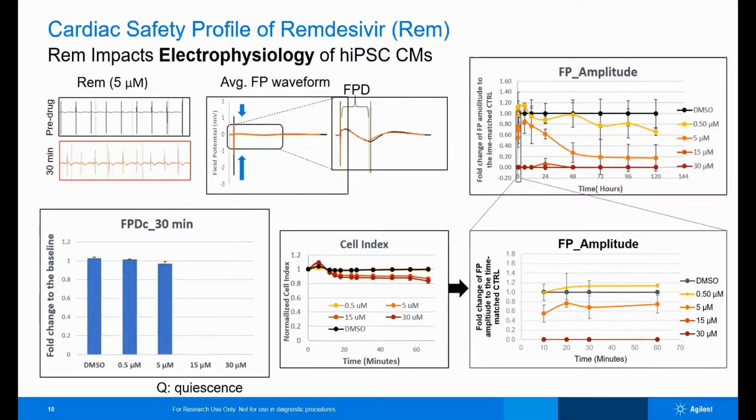However, at 15 micromolar and 30 micromolar, they stopped cell functional activity altogether. No contractile and electrical signals were detected. So we call this cell quiescence. Here, we use these two black bars with a value of 1 to represent that all replicates tested at these two concentrations caused cell quiescence.